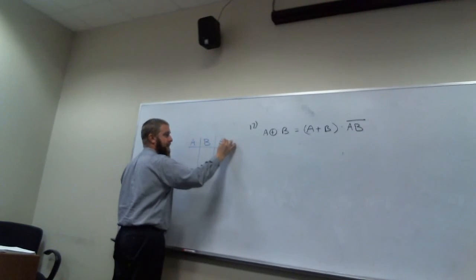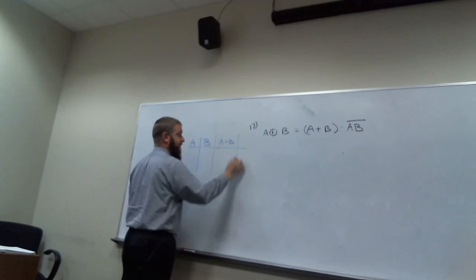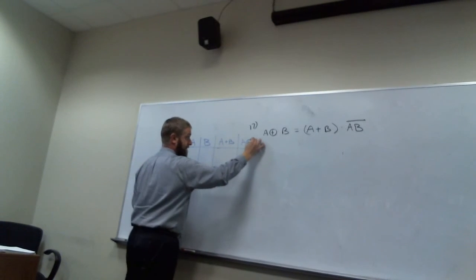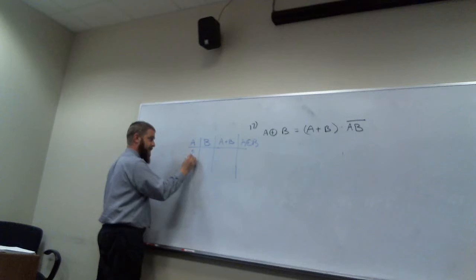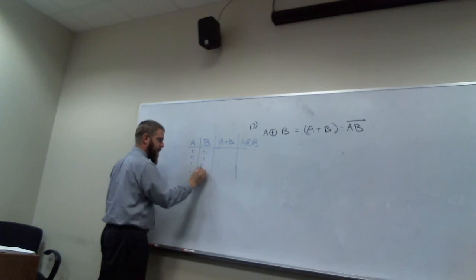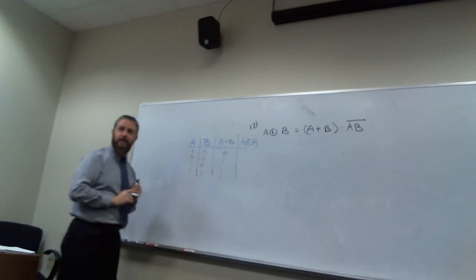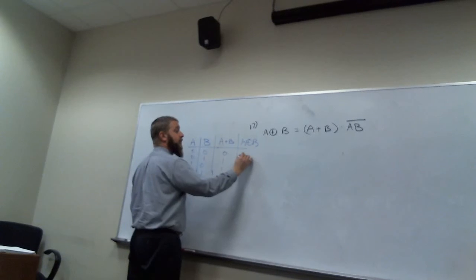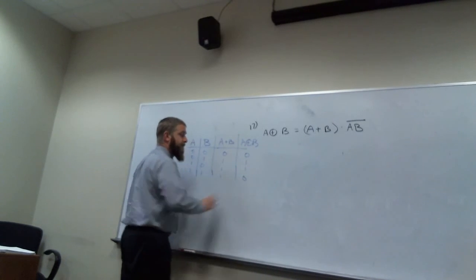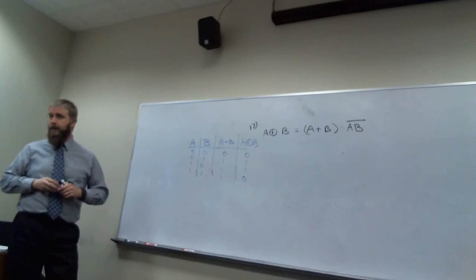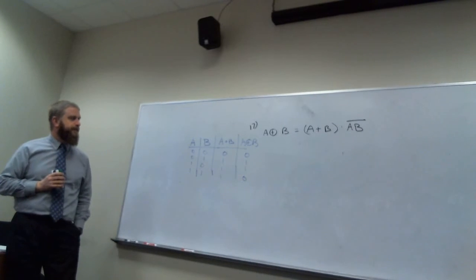We have A or B versus A XOR B. Regular OR is false, true, true, true. Pick one, the other, or both. Exclusive OR is you can only pick one in the two variable case.